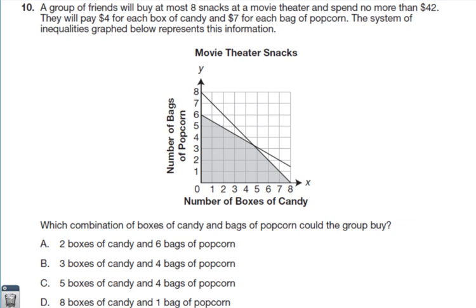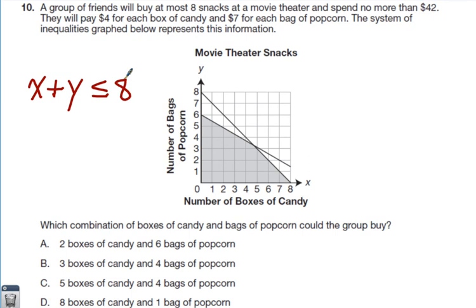So let's see here. x is the number of boxes of candy, apparently, and y is the number of bags of popcorn. So we could say x plus y has to be at most 8. That would be one of the inequalities in the system. And then we can spend no more than $42.